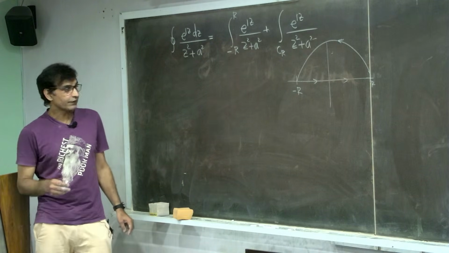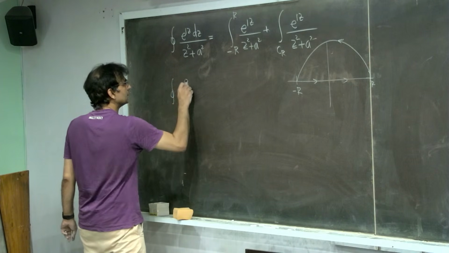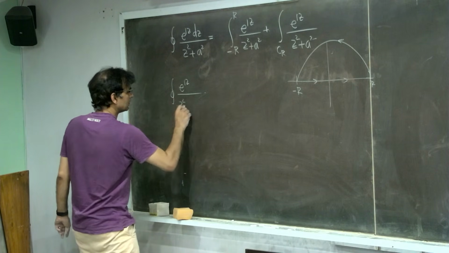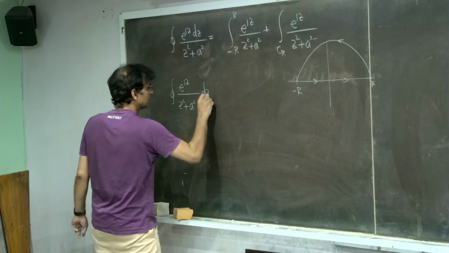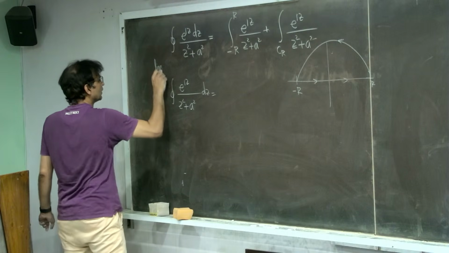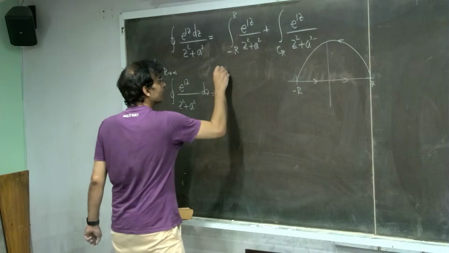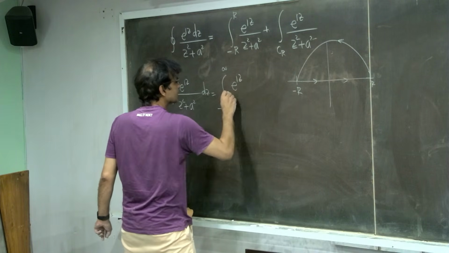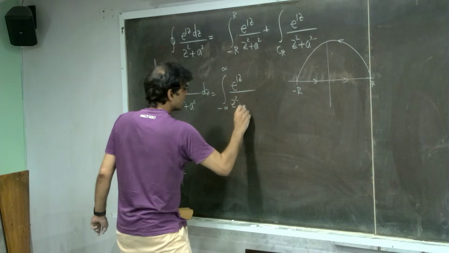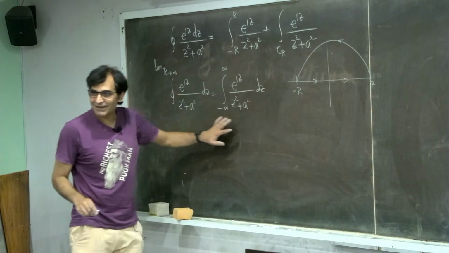And if you take r to be infinity, then what will happen? In the limit r tends to infinity, then you have the integral from minus infinity to infinity of e to the power iota z over z squared plus a squared dz, and you want to solve this integral, right?